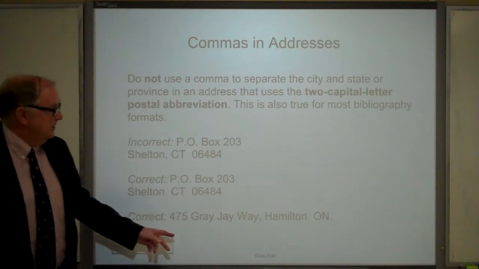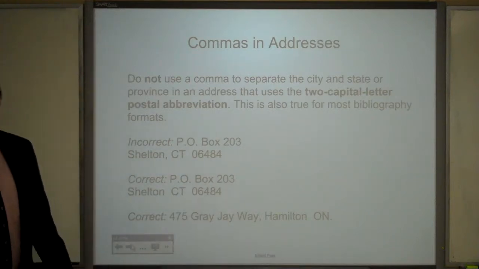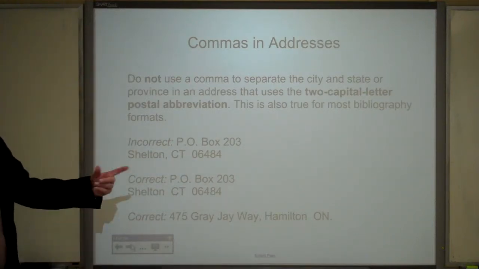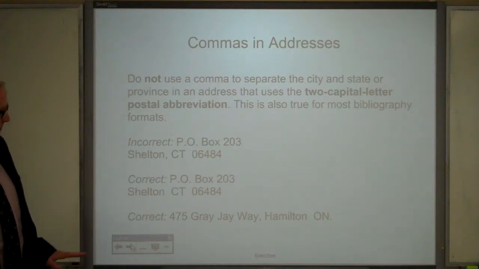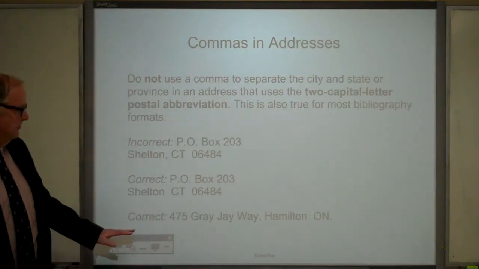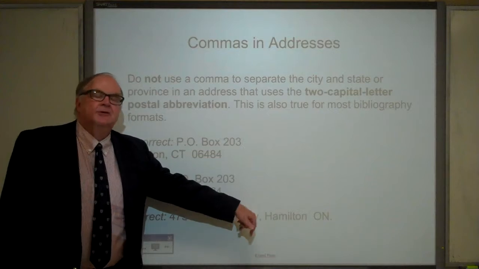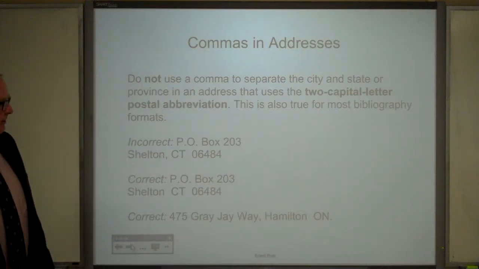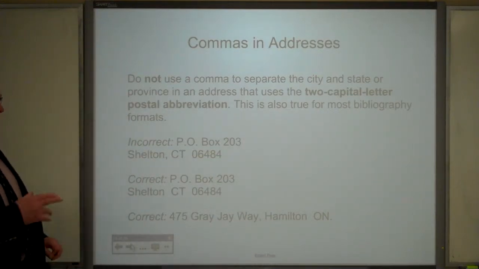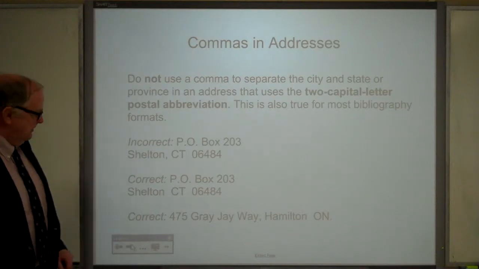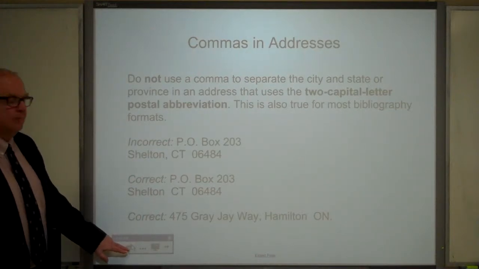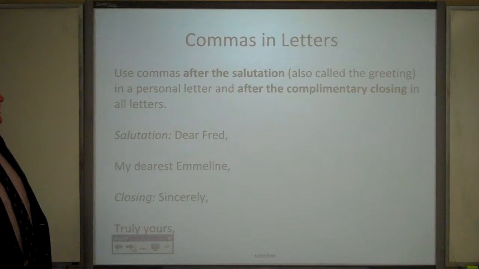This one, you would have a comma between the local address and the city because it's all in one line. So 475 Gray J Way, comma, Hamilton, ON, Hamilton, Ontario. You wouldn't need a comma between the Hamilton and Ontario with the two capital letter postal code.